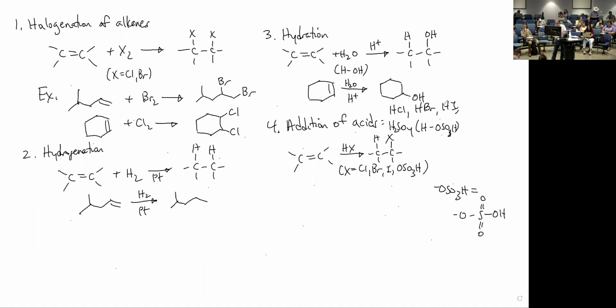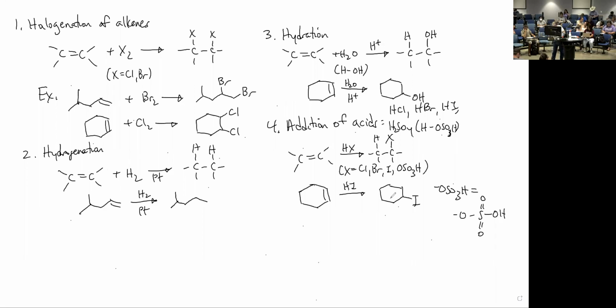So if I were to give an example, let's say we treated cyclohexene with, what do you like, HI? I would expect that you would get iodocyclohexane, where the other of the two formerly alkene carbons now has a hydrogen attached to it.